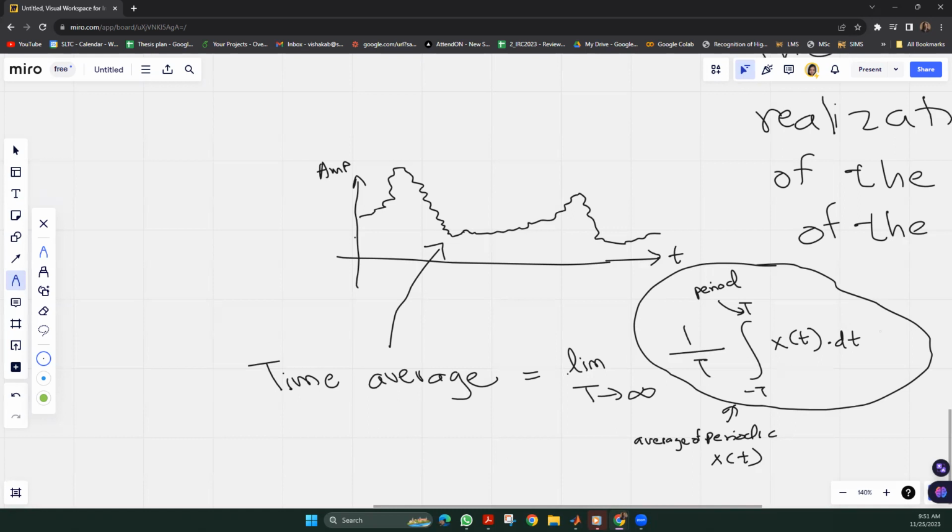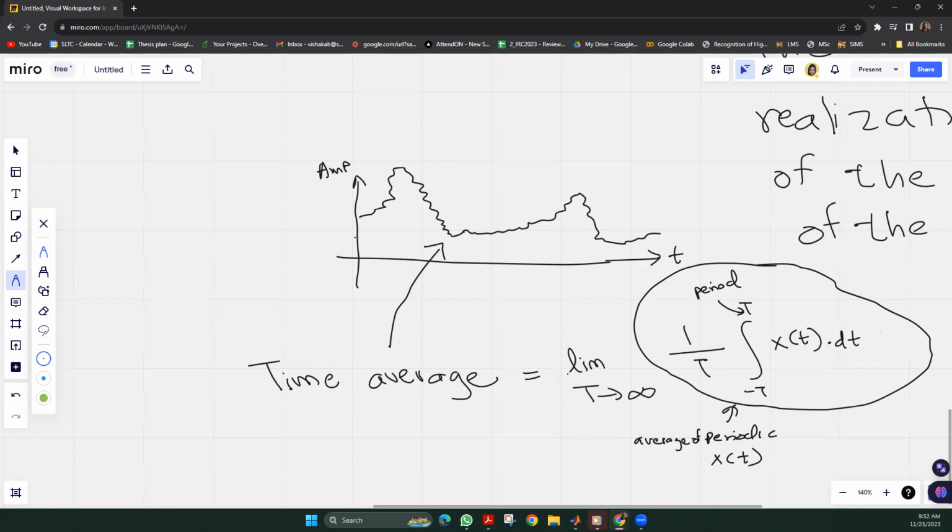So the period length is infinite, which means that this random process shows its periodic behavior only after an infinite time duration, which is something that we cannot really show using figures or any demonstrations.